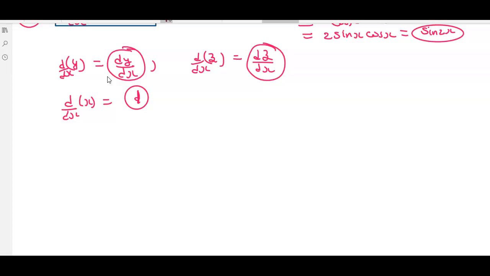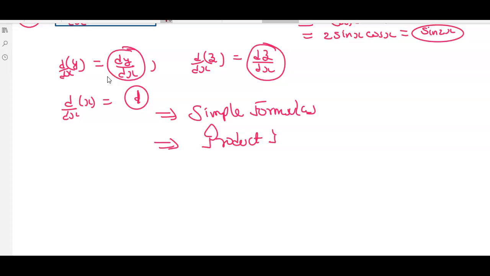So again, we have simple formulas, then we have the product rule, where two or more functions are being multiplied. But I was wondering whether there is any formula where we have a division of functions. That is called the quotient rule.